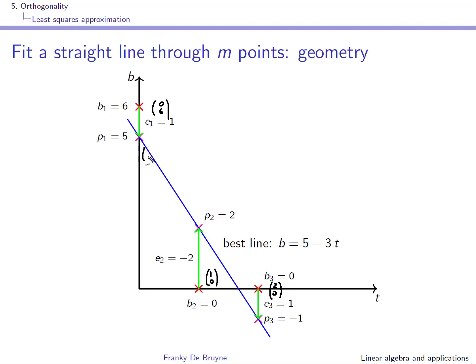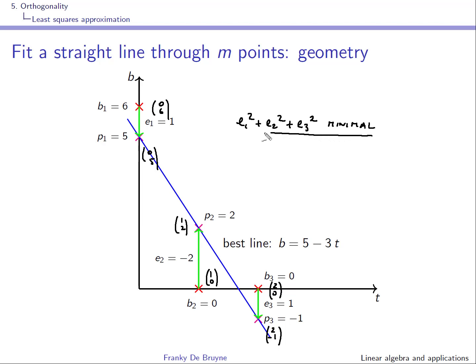Okay, so they are (0, 5), (1, 2), and (2, -1). Okay, so geometrically we want the best line to be such that the sum of the errors squared is as small as possible. So we want e1 squared plus e2 squared plus e3 squared to be minimal.